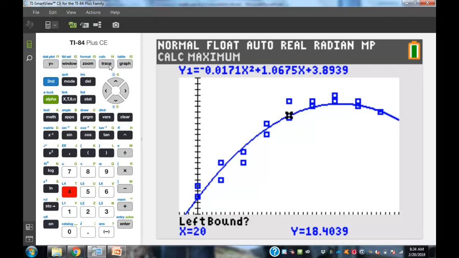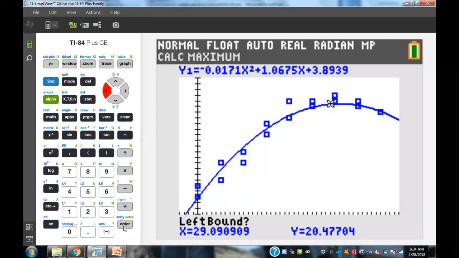Make sure you're to the left of where the maximum is. Second trace, not trace. Maximum. Just make sure you're to the left of it.